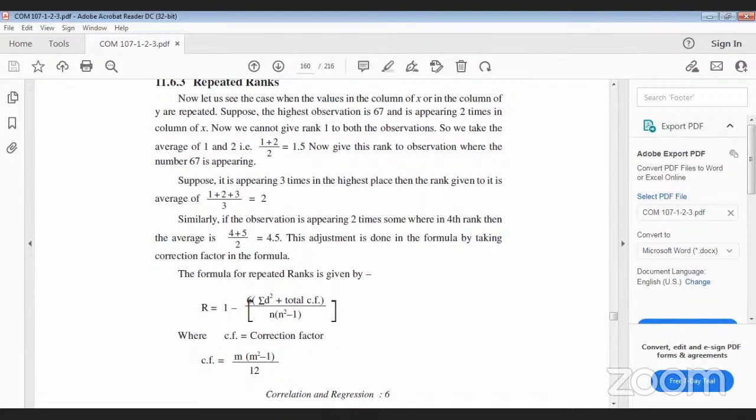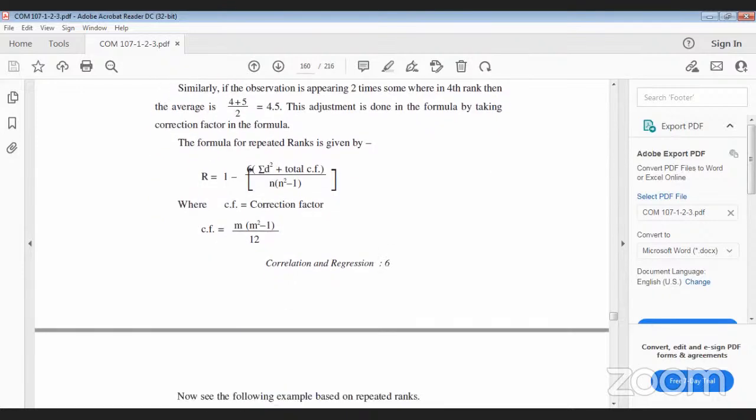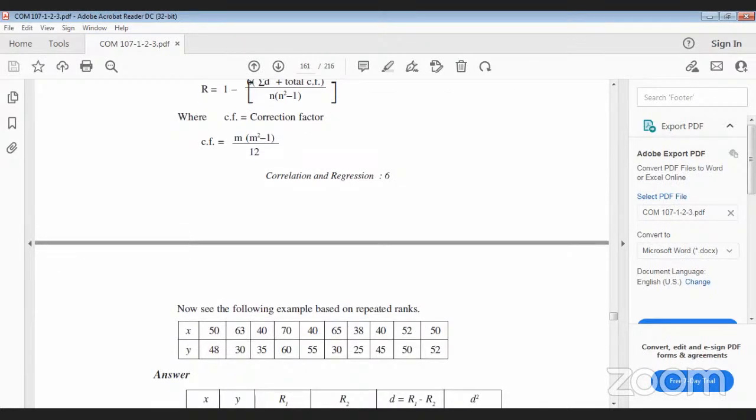Now see the following example based on repeated ranks. For X, there are 10 numbers: 50, 63, 40, 70, 40, 65, 38, 40, 52, and 50.